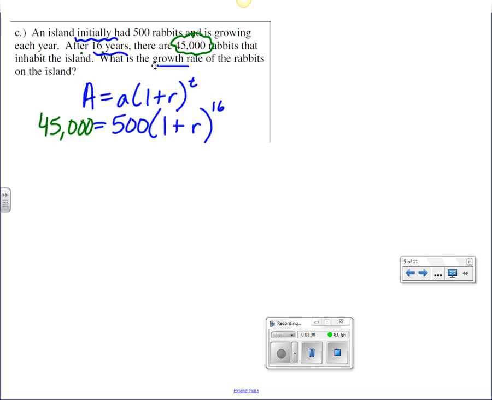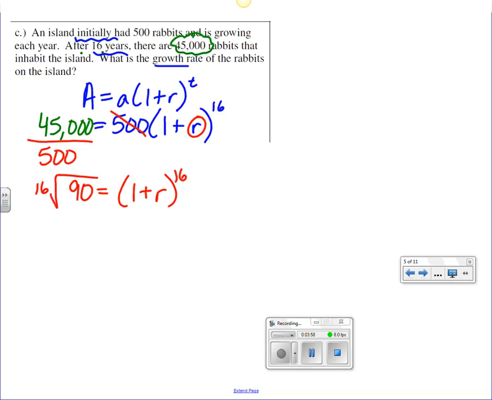All right, so here's our equation, and we're trying to get r by itself. The first thing you do is you divide by 500, which gives you 90. And then to get rid of the 16th power, you take the 16th root.